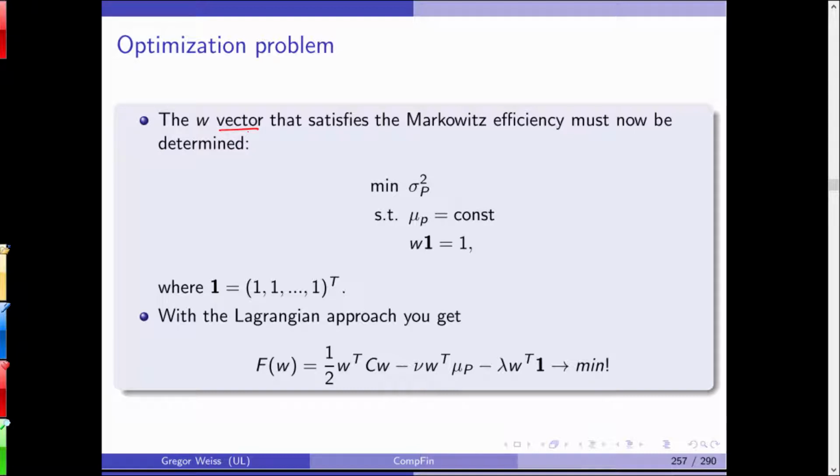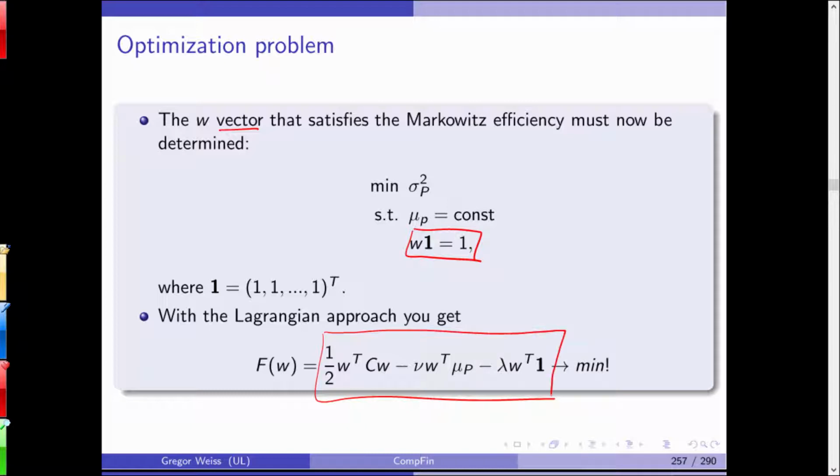Now the vector that satisfies Markowitz efficiency must be determined. We try to minimize the portfolio variance, with the constraint that the portfolio mean return is fixed, it's constant. And we assume that the portfolio weight vector adds up to 1, the standard assumption here. The standard Lagrangian approach yields that you have to minimize this expression here.